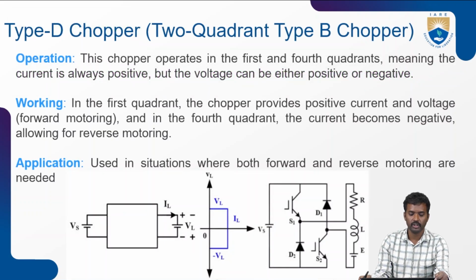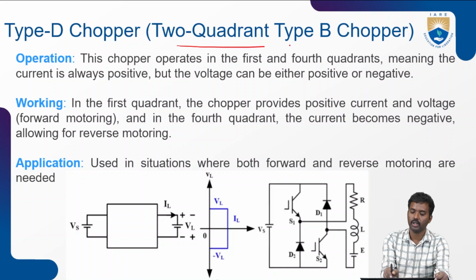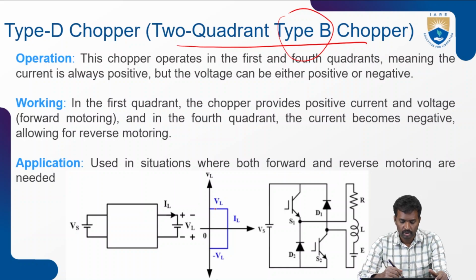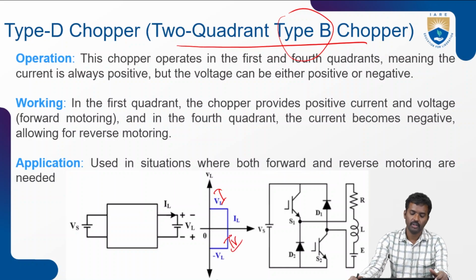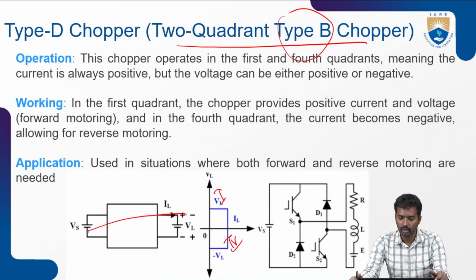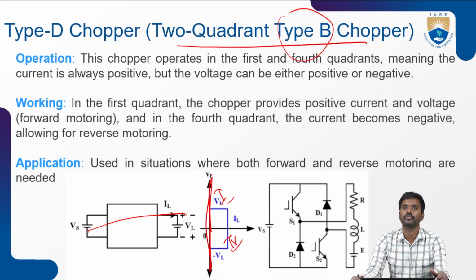So first, class D chopper means two quadrant chopper, the type B. In this the voltage is either positive or negative and current is always positive. It operates in the first and fourth quadrants, current is in positive direction, and voltage is either positive or negative.